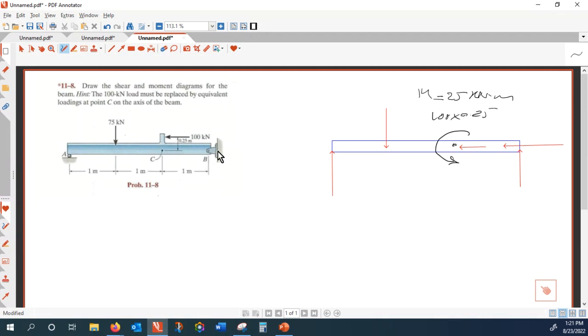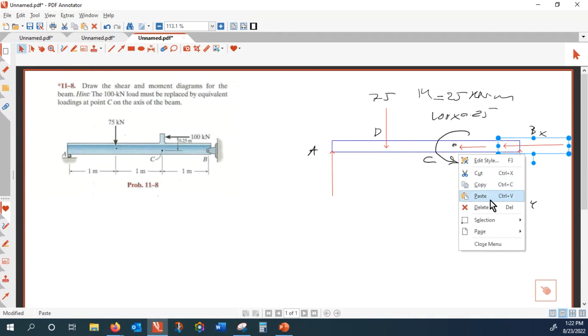All right, so the first thing is to make sure the labels are complete. That is A. This point, let me call that point D. And that point is already labeled as C. And this one is B of X, and this one is called B of Y. I shouldn't have drawn this arrow like that.